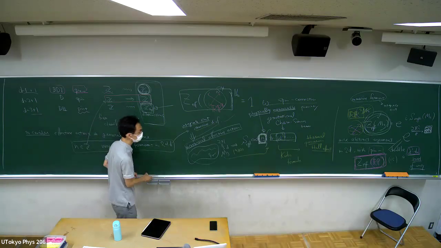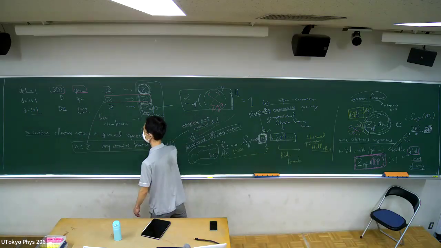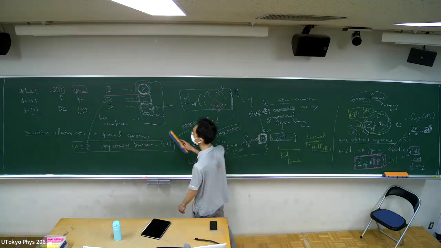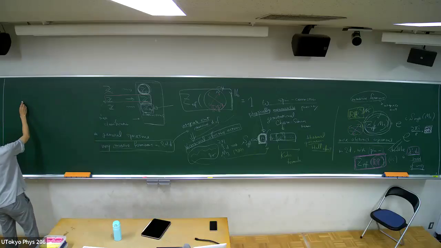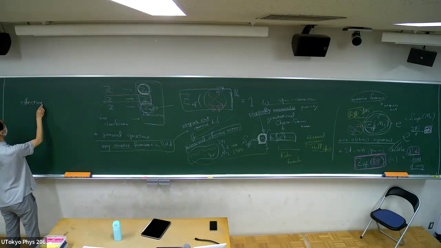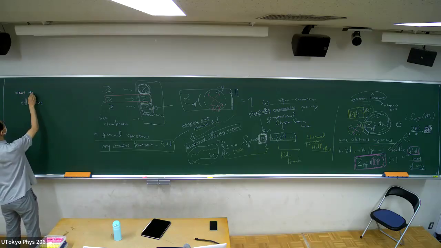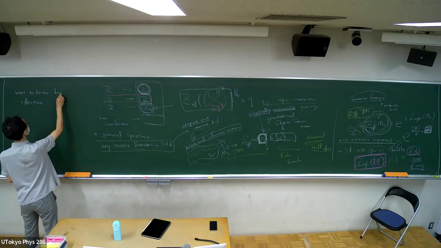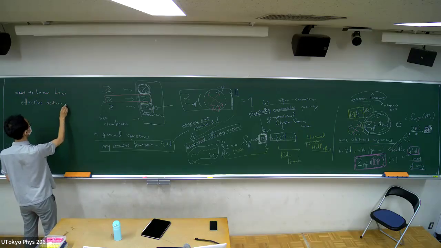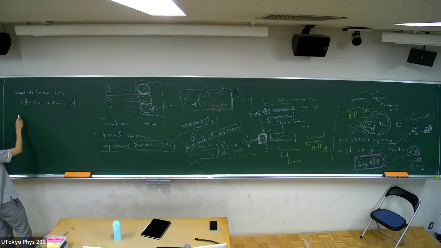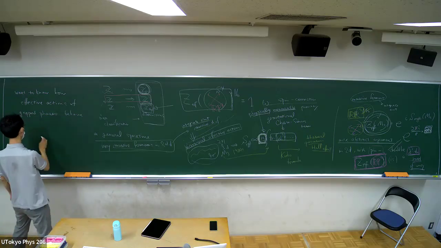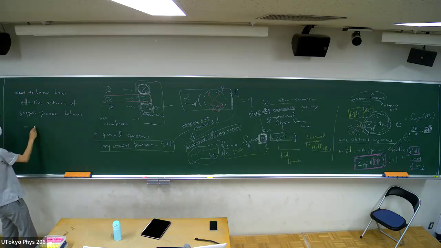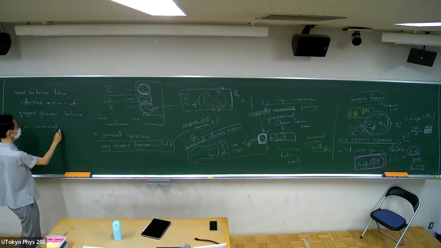So what needs to be done is to get a handle on the behavior of the effective action. We want to know how effective actions of gapped phases behave in non-trivial spacetimes.